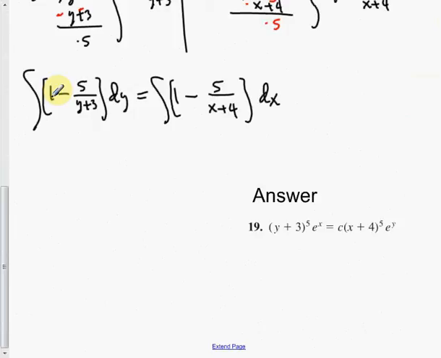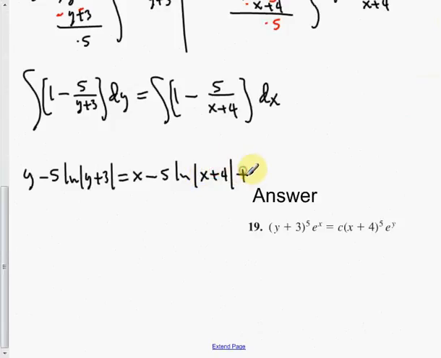So the integral on this left side becomes y minus 5 times the natural log of y plus 3. That's equal to x minus 5 times the natural log of x plus 4, and then plus some constant there.